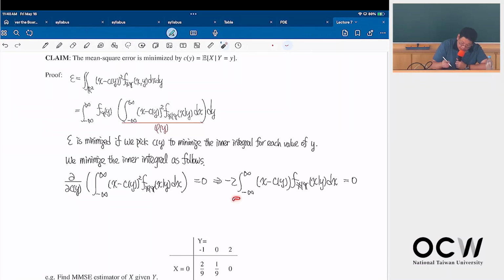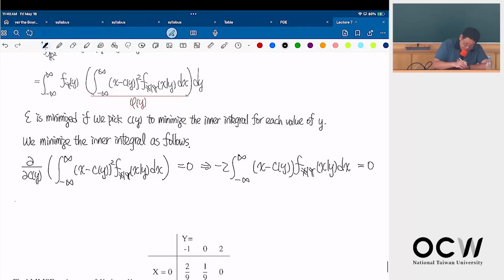If I set it to 0, the integral of x times this conditional PDF will be equal to the integral of c(y) times this conditional PDF.